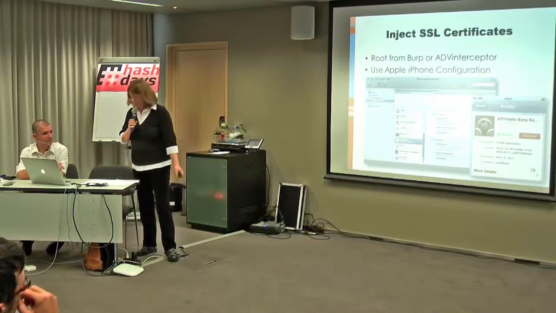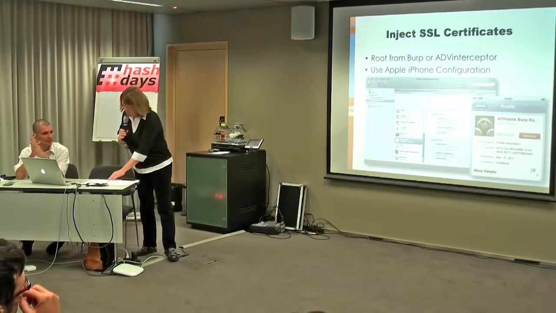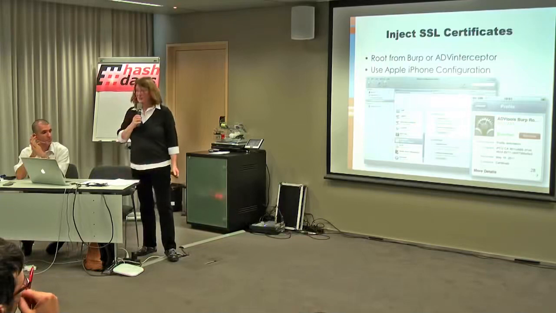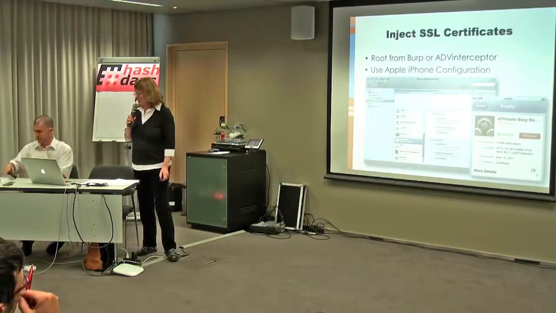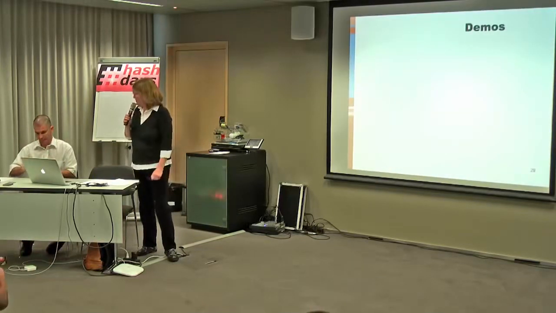This is quite simple to do with a tool by Apple called iPhone Configuration Utility. Despite the name, it's also available for iPad and iPod Touch. It's not obvious because certificates are called credentials in this tool. And now I will let Sebastien explain the network configuration for this demonstration.